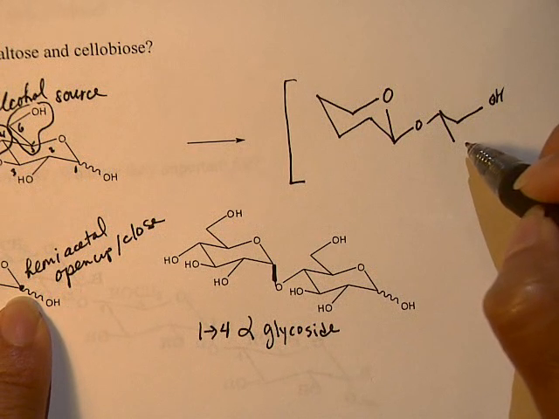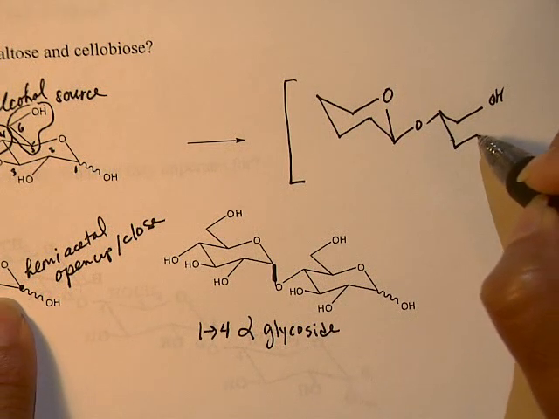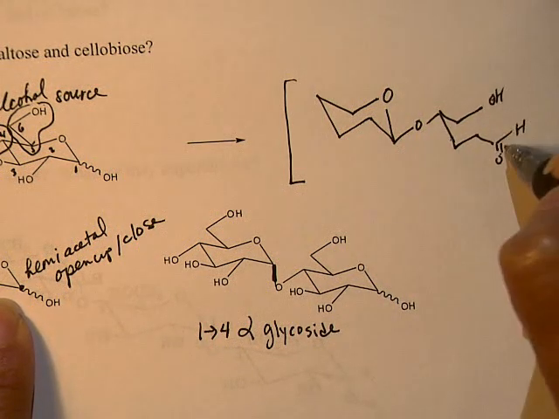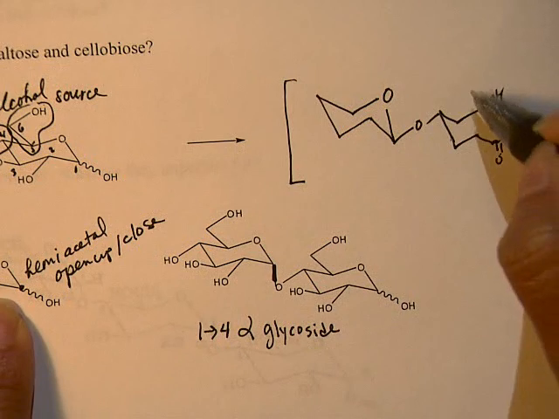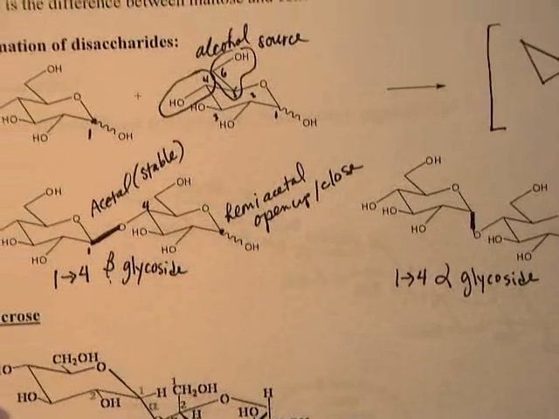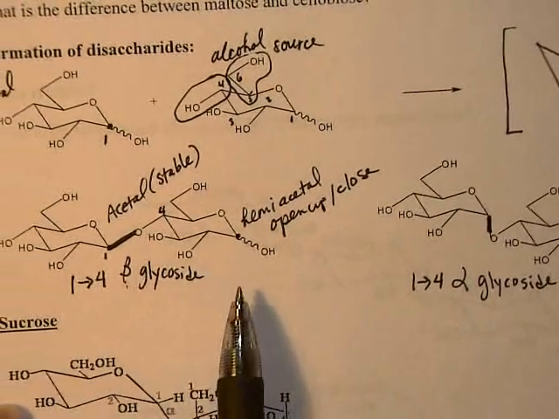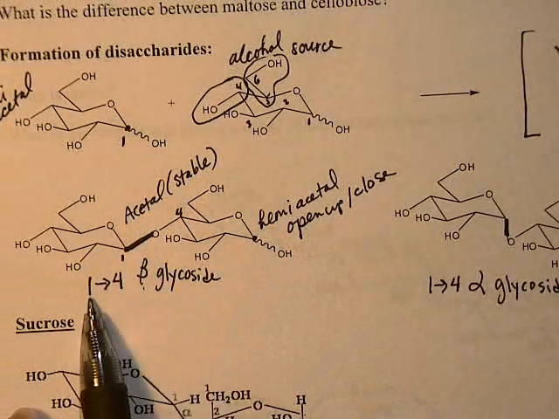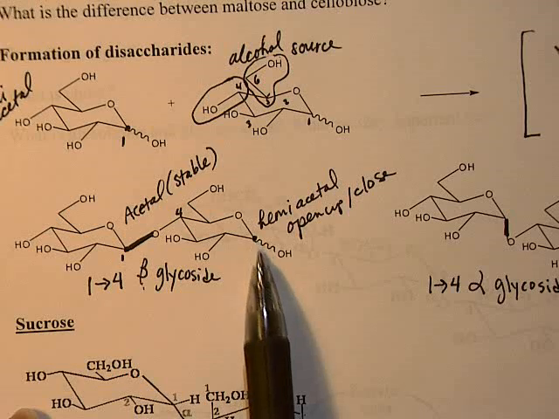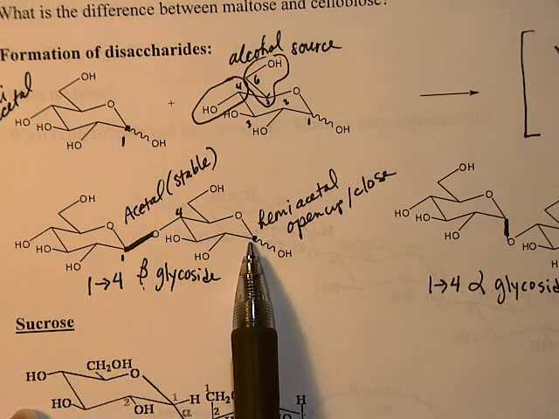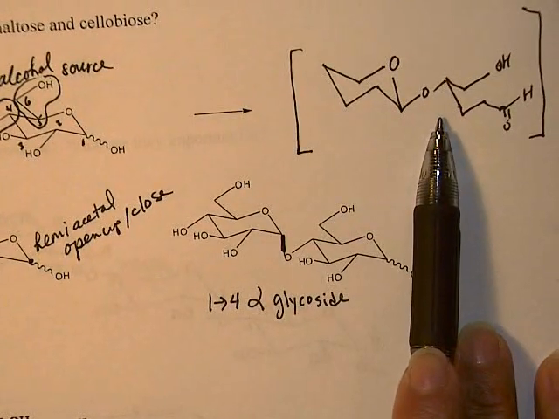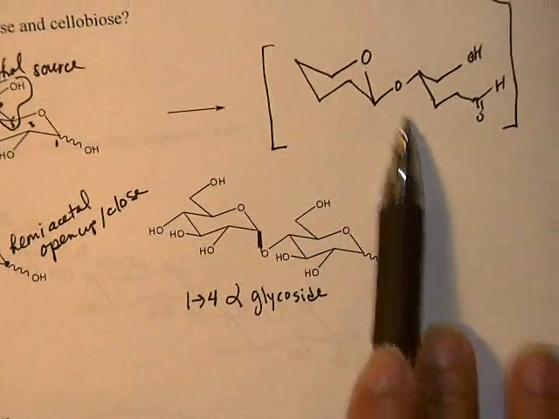So you're going to have the aldehyde at this anomeric carbon opening up and closing. In aqueous solution, if you have this 1,4 beta glycoside, this anomeric carbon is going to be a mixture of alpha and beta, along with the opened up form, which looks like this.